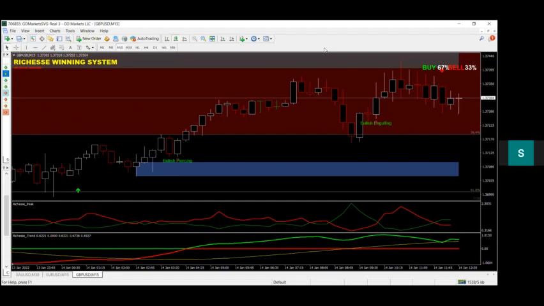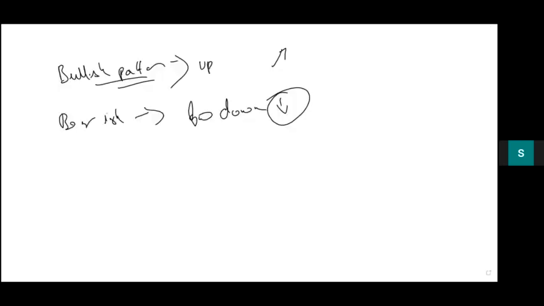Okay, so I'm making a summary on this indicator. You just note it down. Okay, the first one, it is named as Richesse winning system.